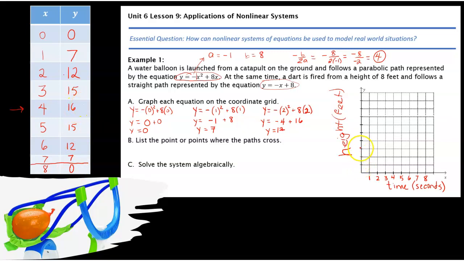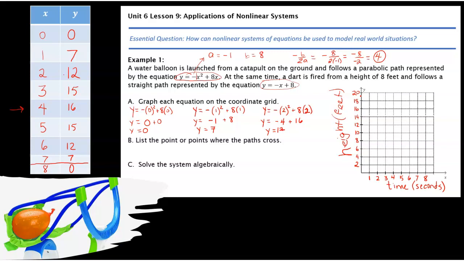But we only have 10 tick marks. So in order to accommodate our 16, let's go by twos: 2, 4, 6, 8, 10, 12, 14, 16, 18, and 20.